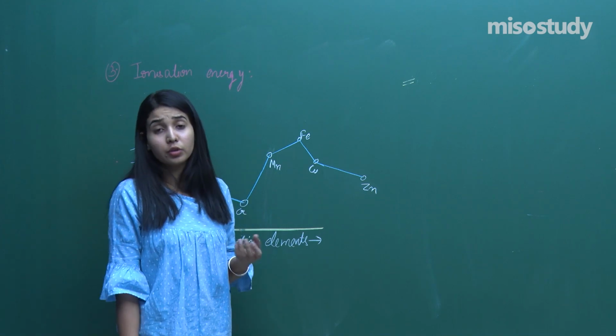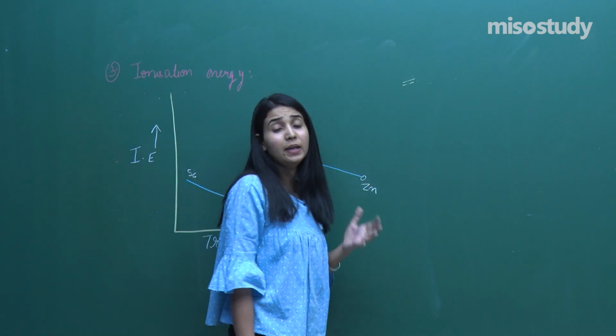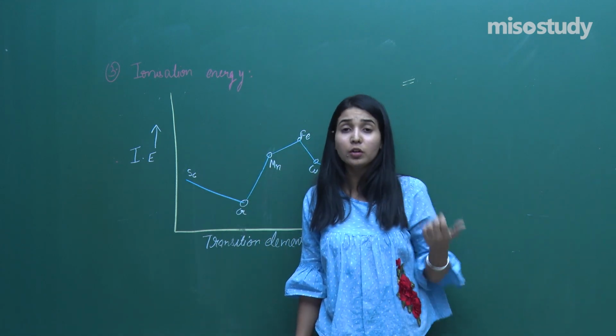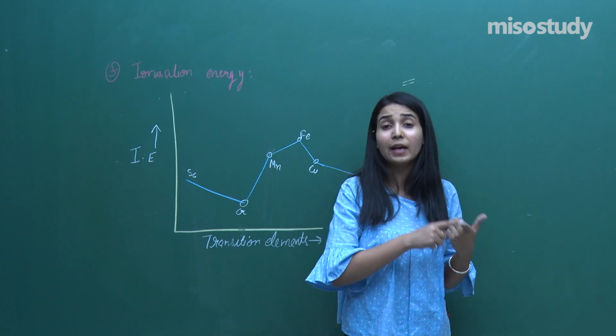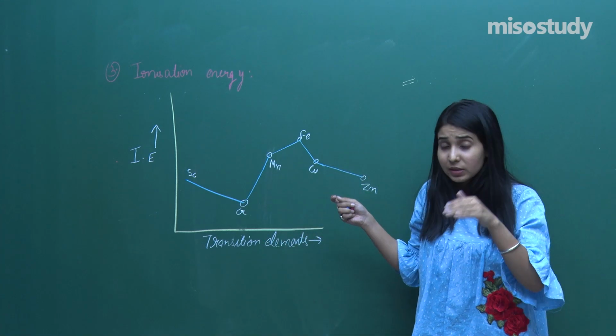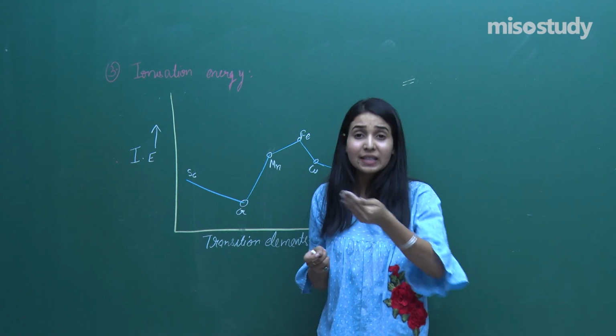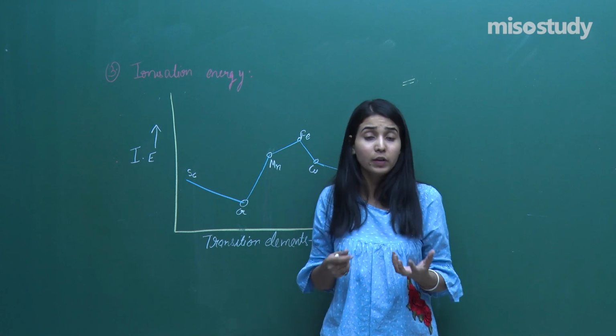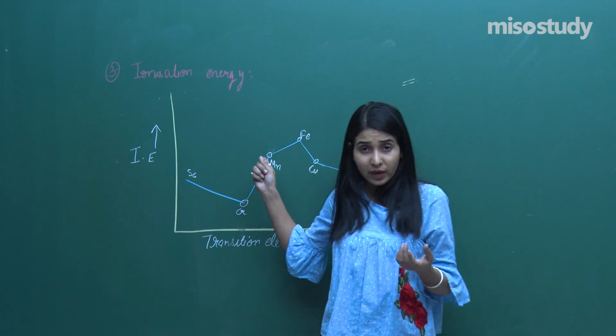If I am able to remove 2 electrons, I would get Mn2+, that means a d5 configuration. In the same way, in the case of copper, when I take away 1 electron that gives me a stable configuration, so it is easier for me to remove it. That's why the value is low.